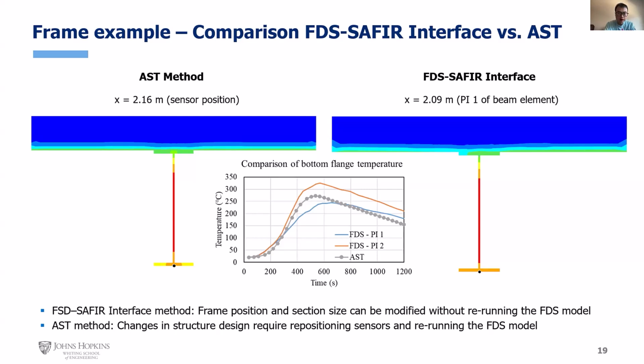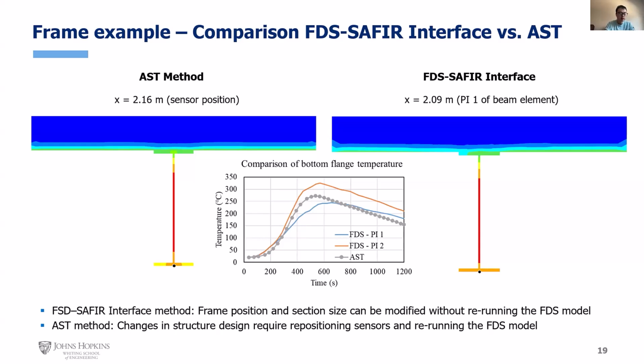It is because in the interface method, for each beam element, there are 2 points of integration, and the interface method will automatically extract the thermal response at the location of each point of integration, which means for the same beam element, at the 2 points of integration, there will be two different thermal responses because the radiation fields at these two locations are different.